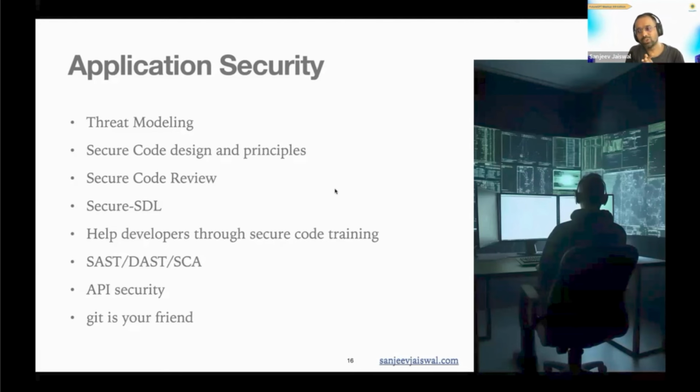And the more you understand the developer-oriented side, the coding side, so secure code design, secure code review, secure coding principles, everything is very important. Secure SDL means all the security things that come in from the requirement phase till the deployment or operational phase.